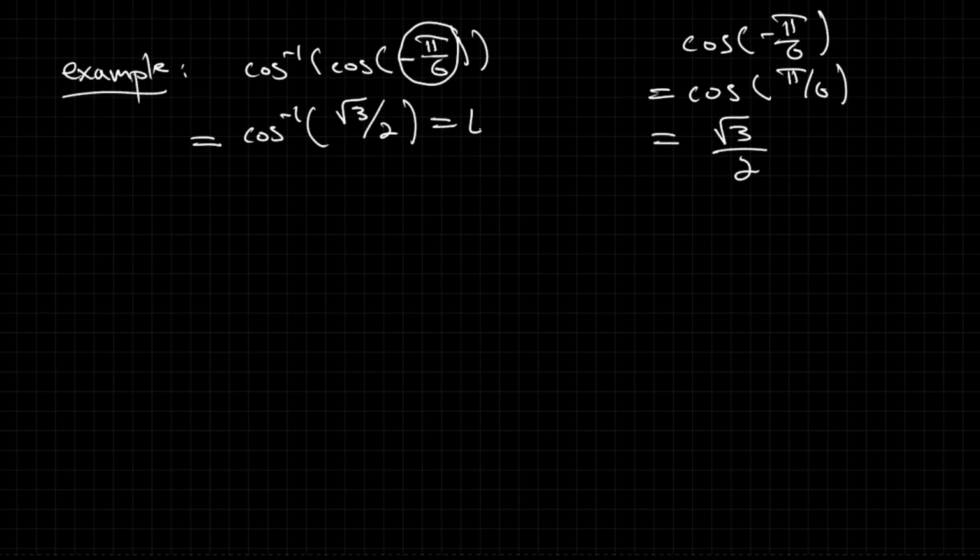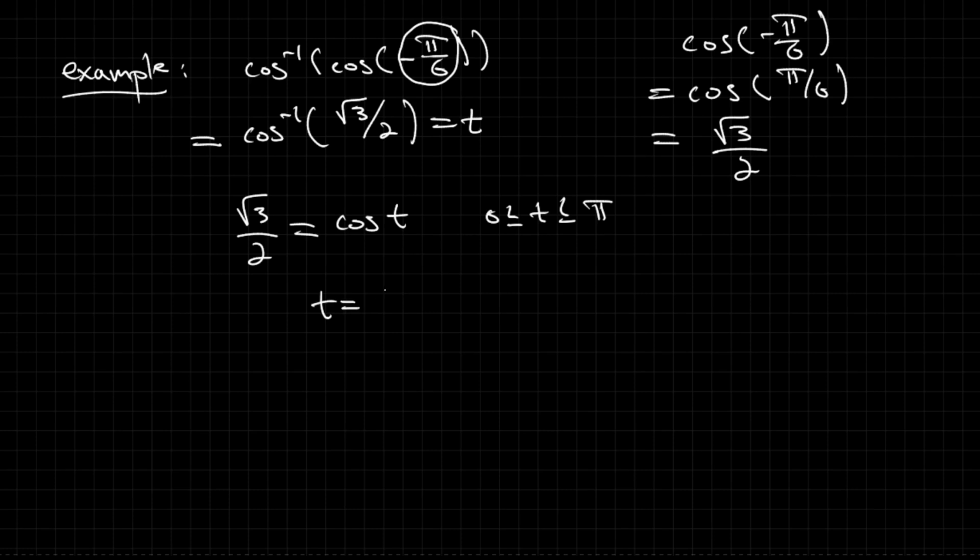I can set this equal to t and rewrite this inverse function in terms of the original function. Root 3 over 2 is cosine t, and t is between, not minus pi over 2, but 0 and pi. And so I see that t needs to be pi over 6 because that is the t value between 0 and pi for which cosine t is root 3 over 2.